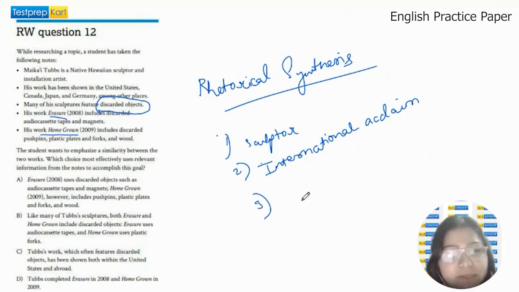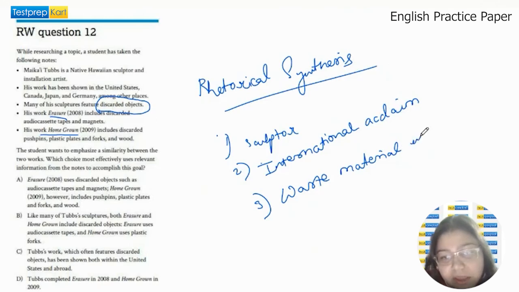Third thing we know is he uses discarded objects, or waste material, in his art. These are the main things that we distilled from the passage.